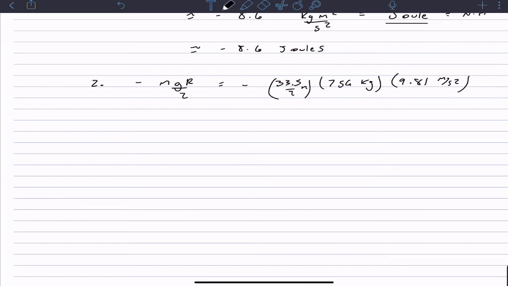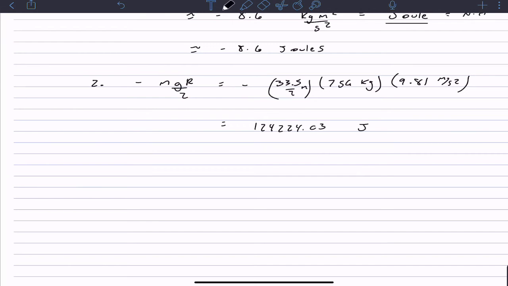This was meters. I just put that in half. It doesn't really matter, because 2 is unitless. And this is going to give us energy here that is going to be negative 124,224.03.